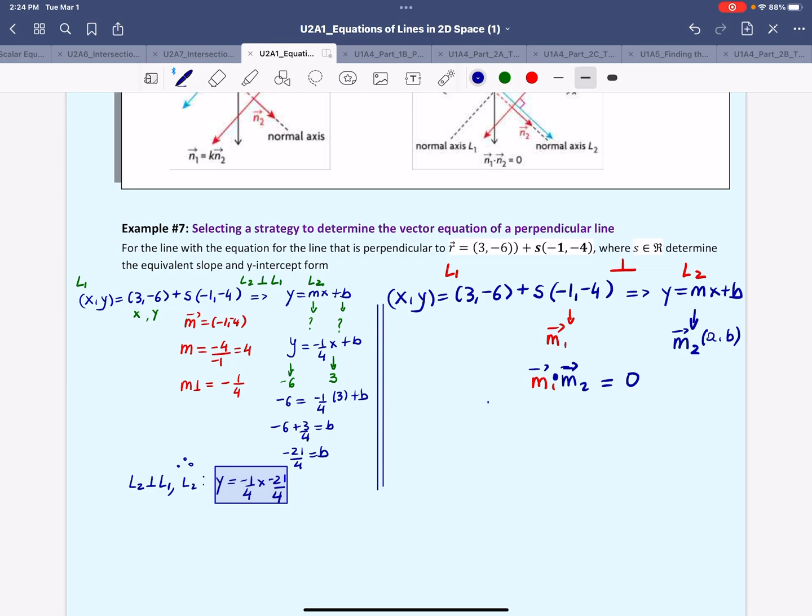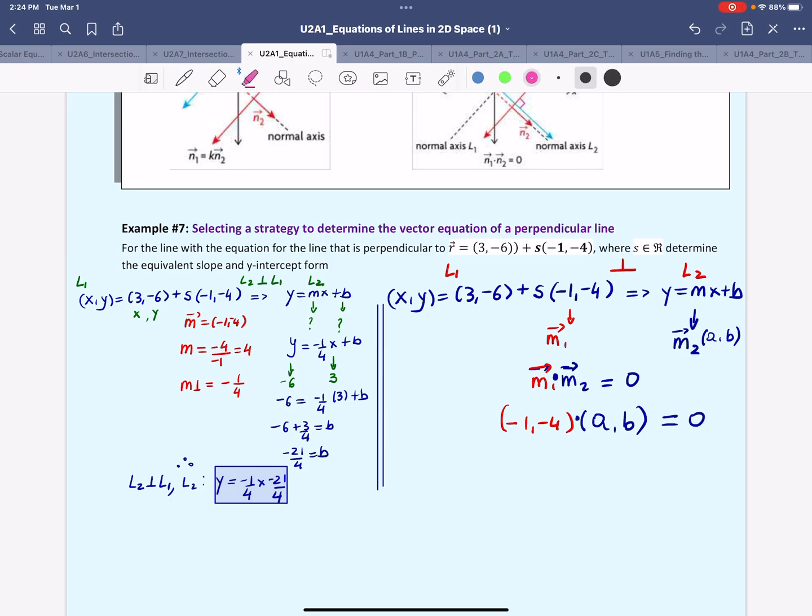So m1 is negative 1, negative 4, and m2 is simply a and b. So the dot product must be 0.